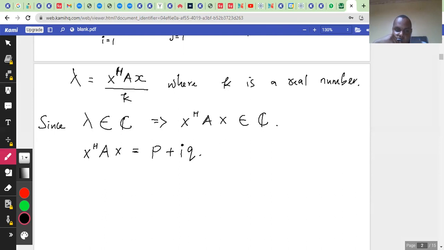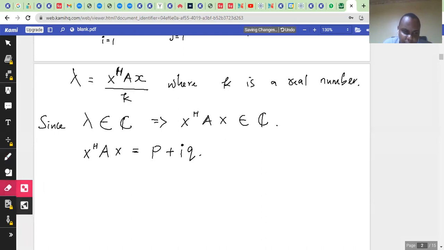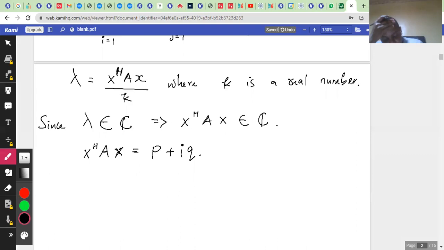Now, this is a matrix, right? All of them, yes, this is a matrix. Actually, it's a scalar, p plus iq. And we know that A is equal to negative A^H as well, because it's a skew-Hermitian matrix.